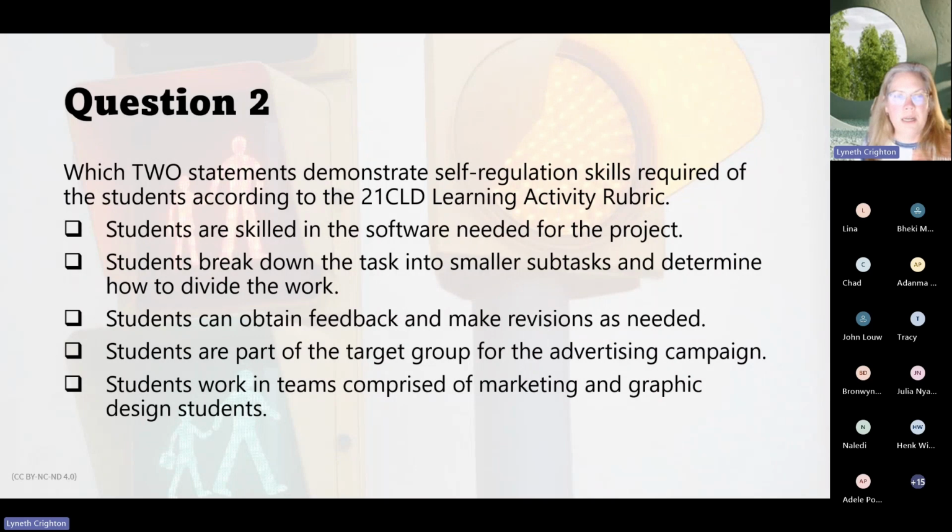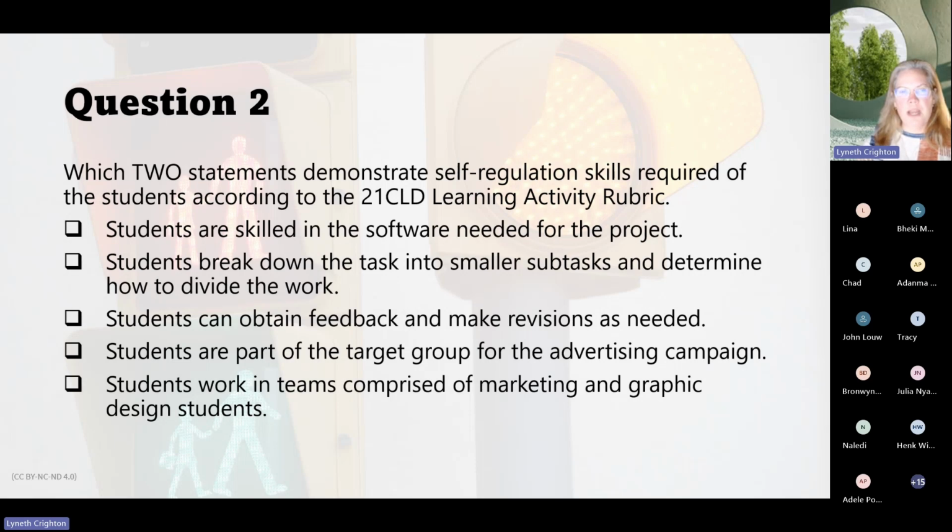So does anybody think that students are skilled in the software that are needed for the project? Thumbs up if you think that's a part of self-regulation. Otherwise, you can laugh or give the surprised reaction. Yep, that is not a part of self-regulation.